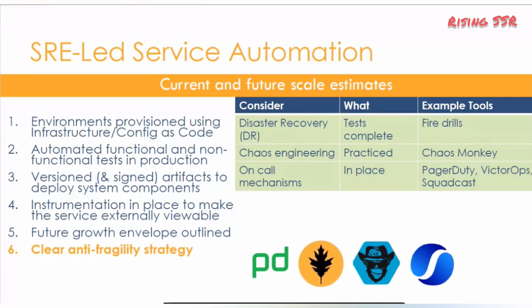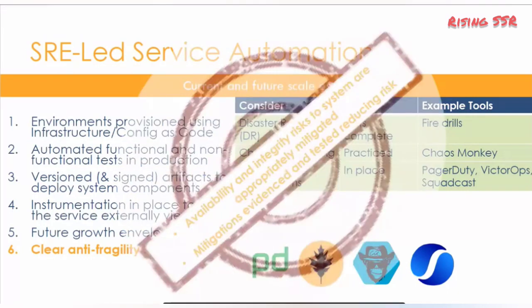There are tools like Chaos Monkey, one of the tools used for chaos engineering. Chaos engineering is directly related to anti-fragility. So when you build an anti-fragile infrastructure or anti-fragile application, then you test it. You test the anti-fragility of your infrastructure and application.